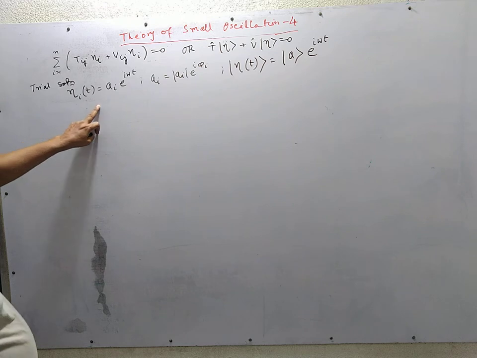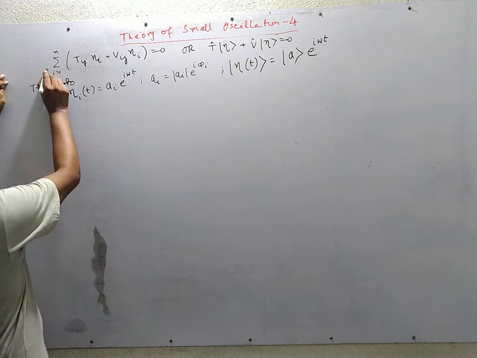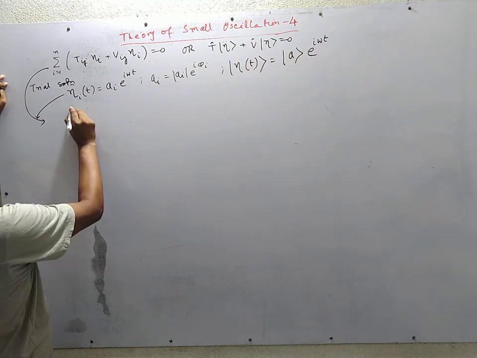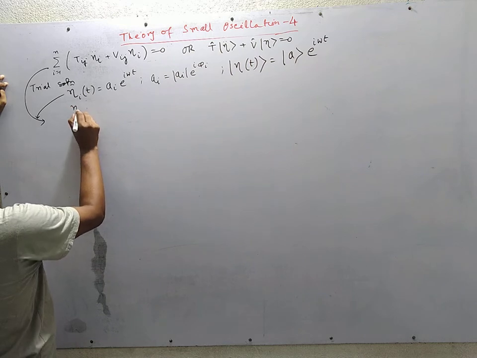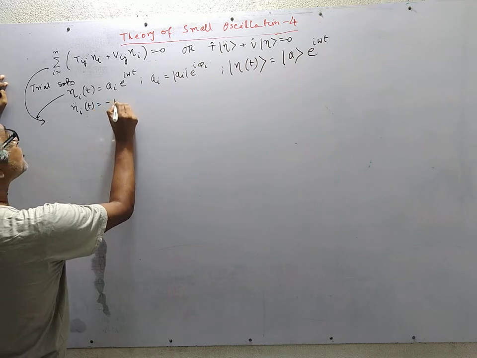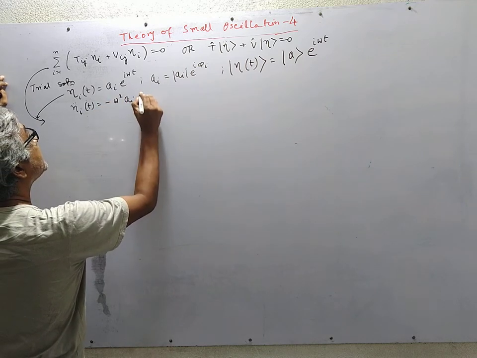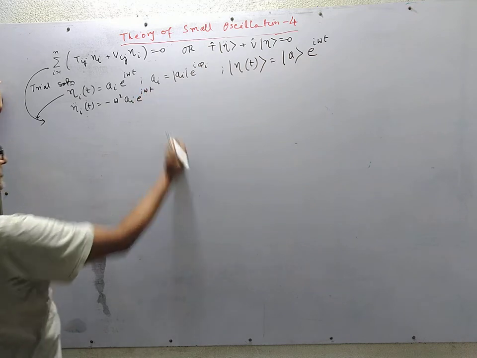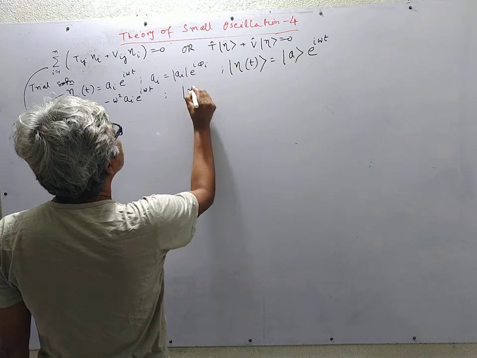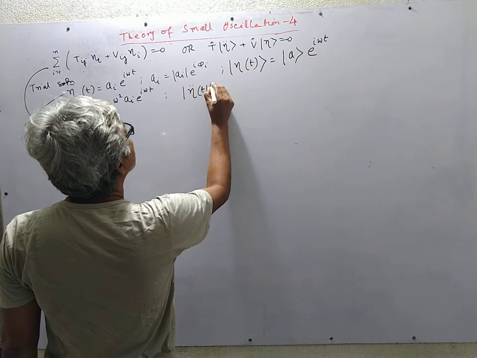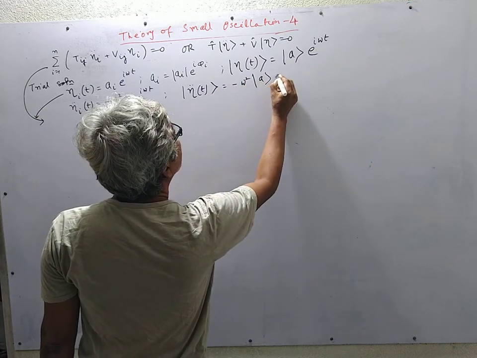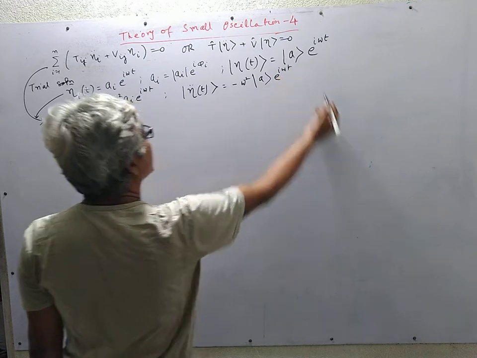If we plug this into the equation, what do we get? Firstly, if we differentiate it twice with respect to time, we get minus omega square ai e to the power i omega t. The corresponding matrix form is eta t double dot is equal to minus omega square a e to the power i omega t.